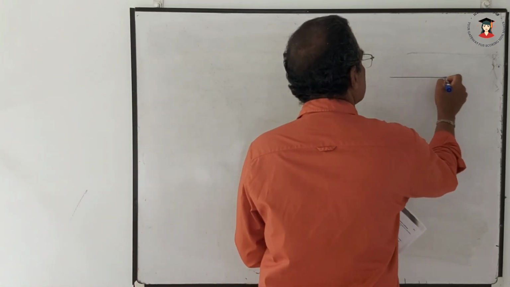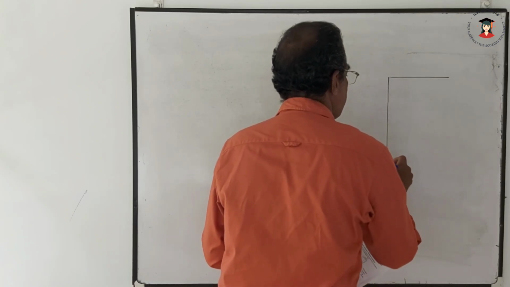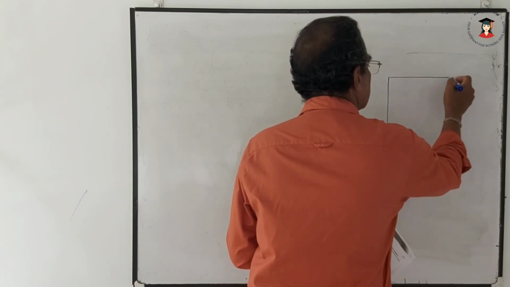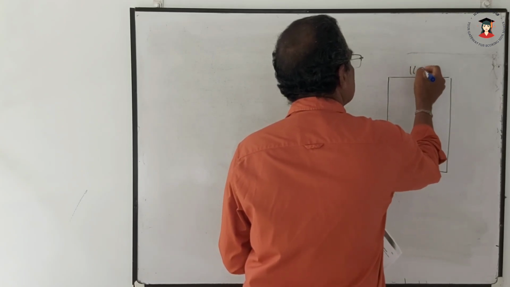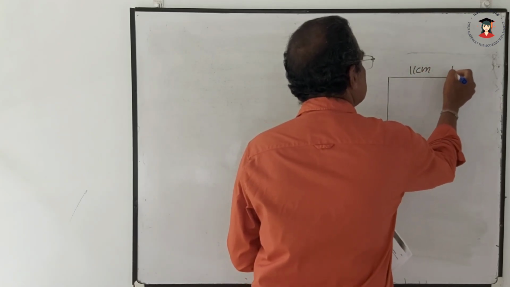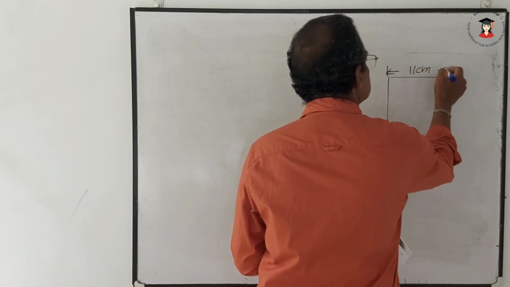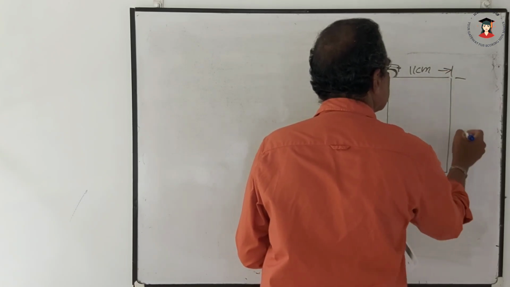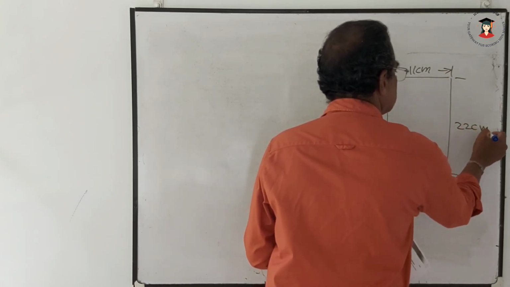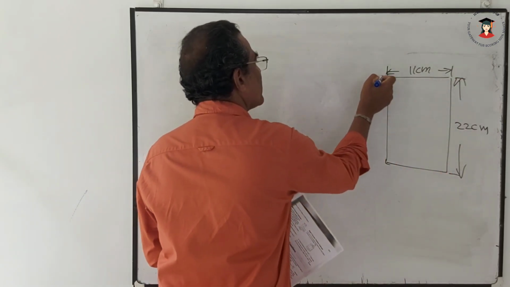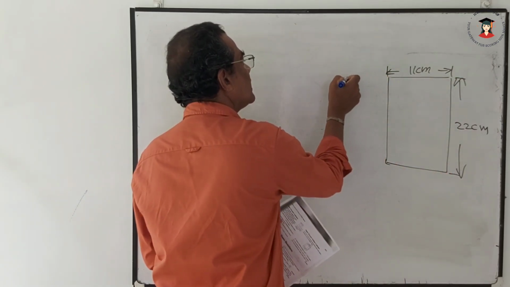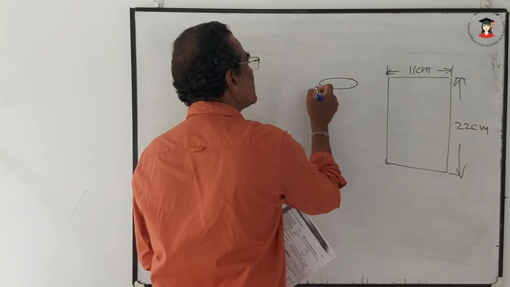So a rectangular sheet is there. It is rolled. This is 11 centimeter and this is 22 centimeter. This is rolled to form a cylinder. So the cylinder will come like this.